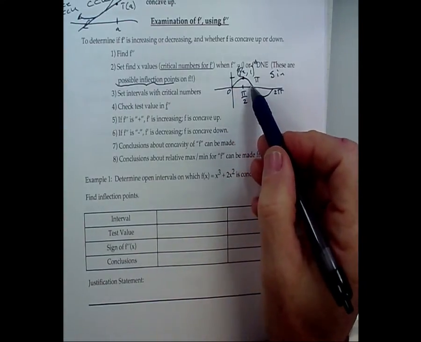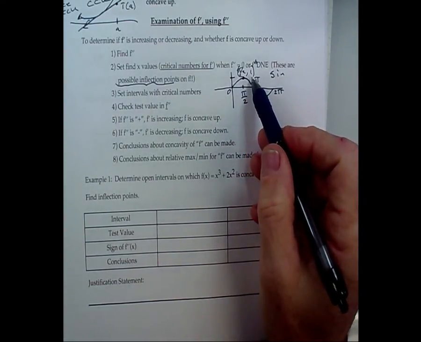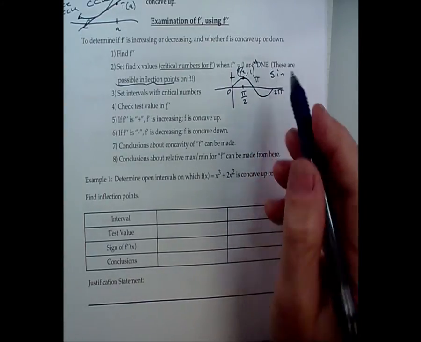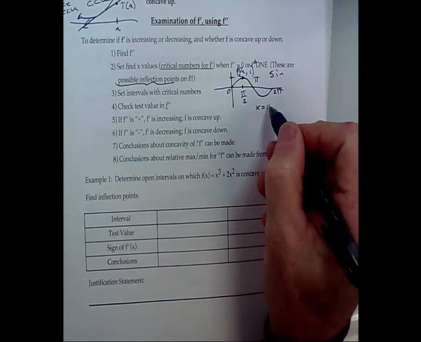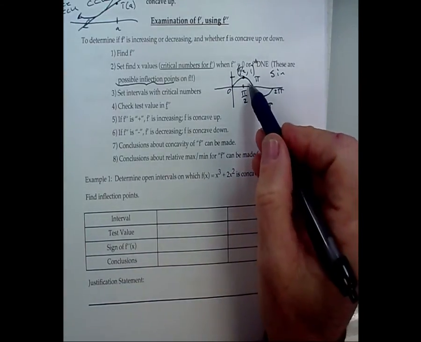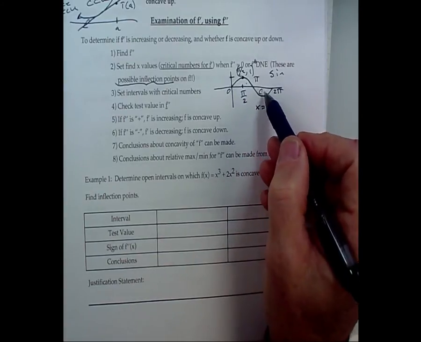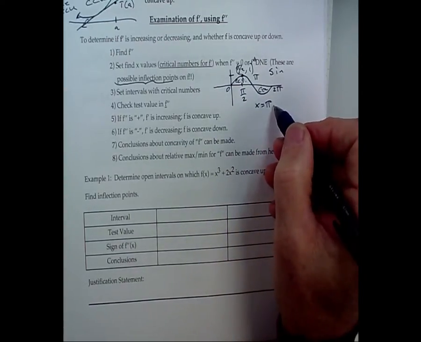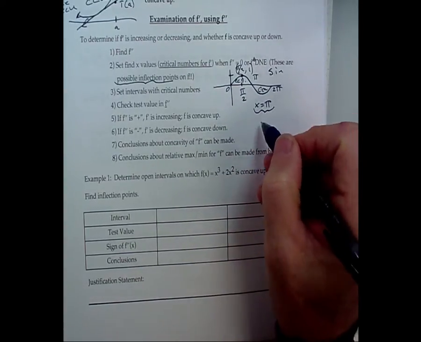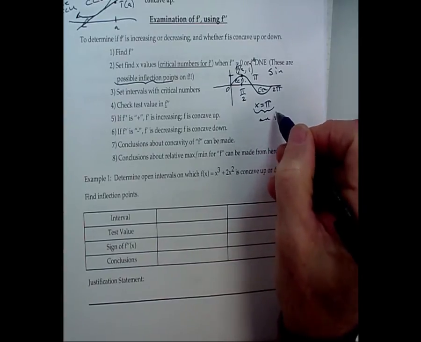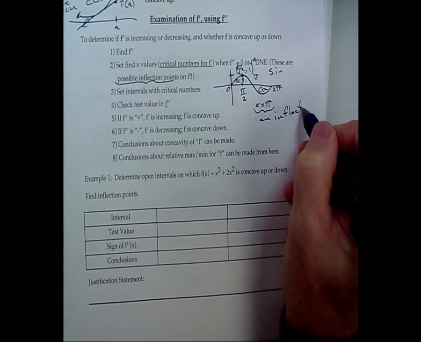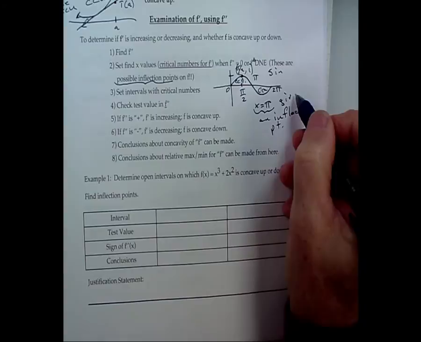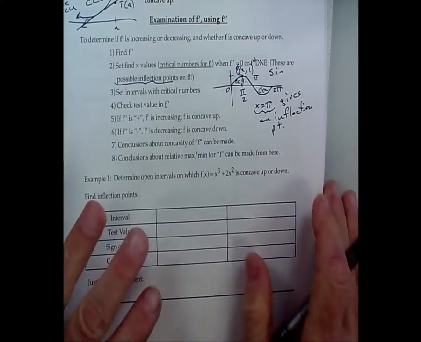Notice it's concave down, isn't it? And then it changes to concave up. At x equals pi, it changes from concave down to concave up. X equals pi gives me an inflection point, because concavity changed.